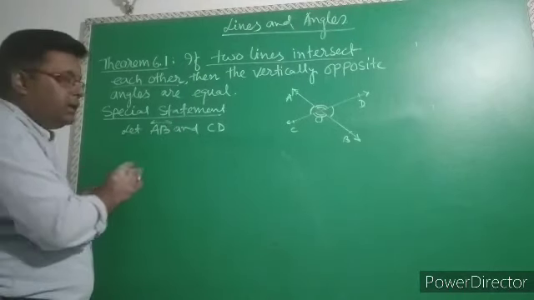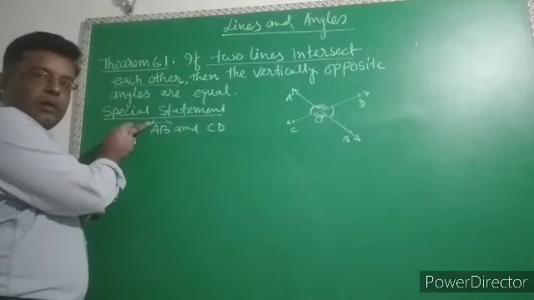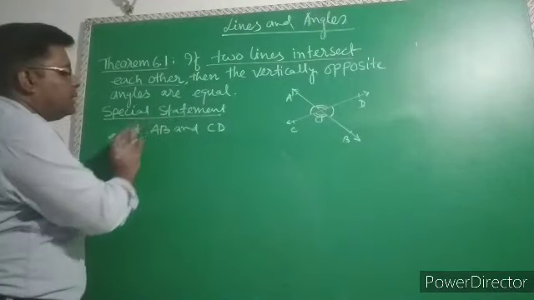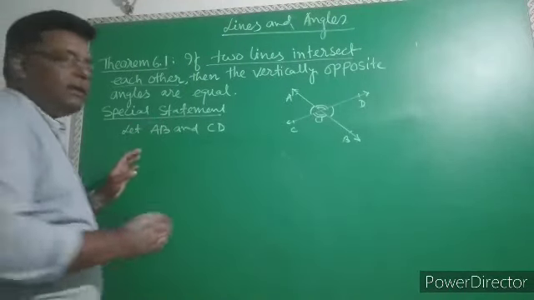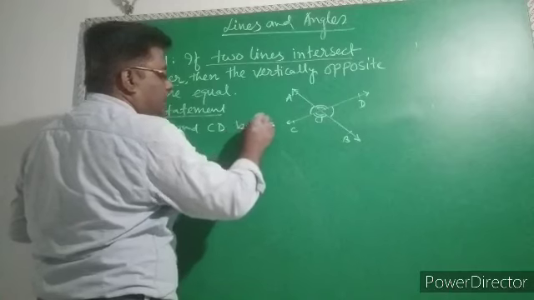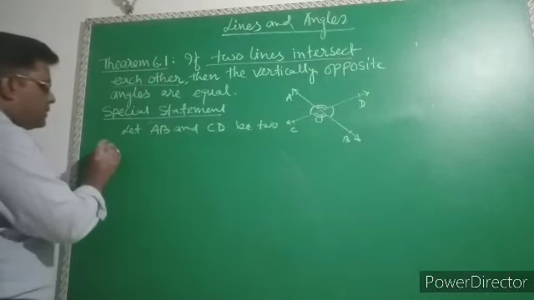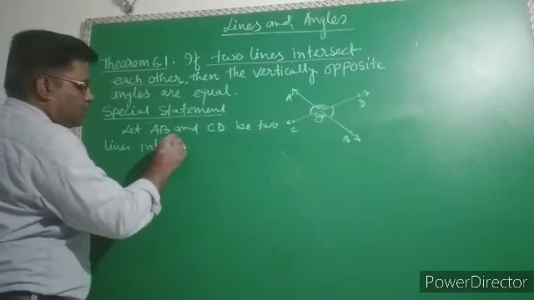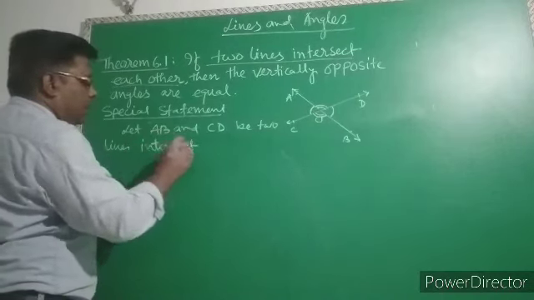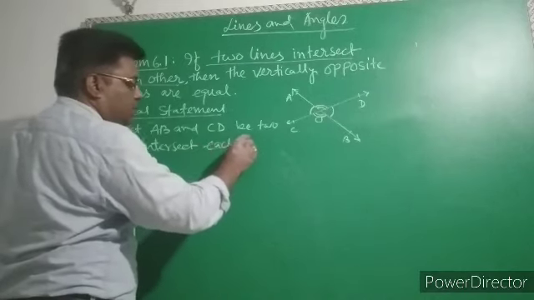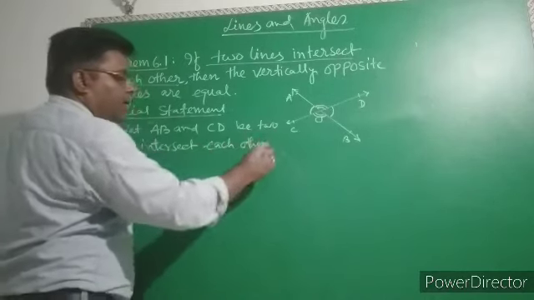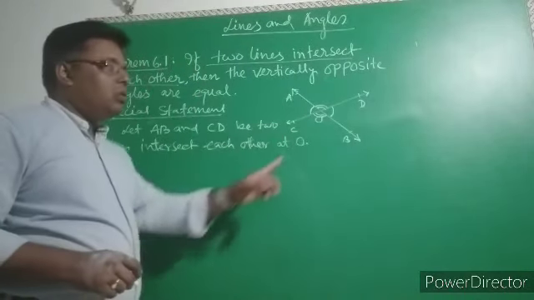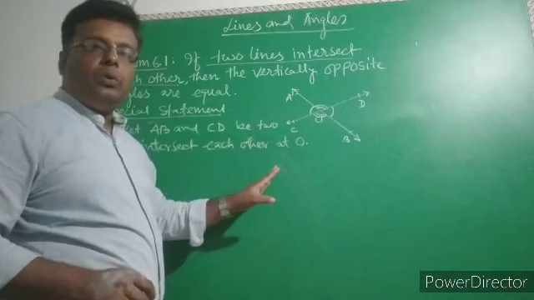In case of a line you may give the symbol, but it's not necessary. So we simply write: let AB and CD be two lines intersecting each other at some point O.